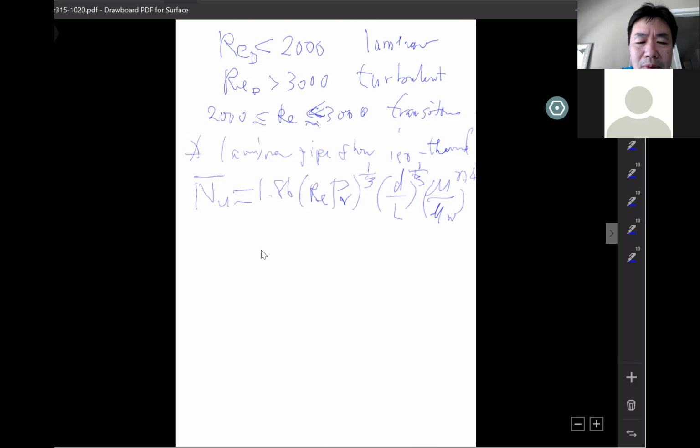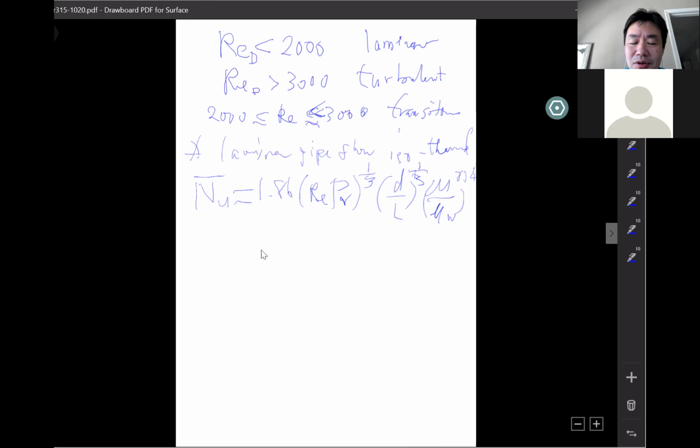So mu is the viscosity at the bulk temperature, or in the center of the pipe, the flow temperature. And mu W is the viscosity of that fluid at the wall temperature, which could be much higher or much lower.